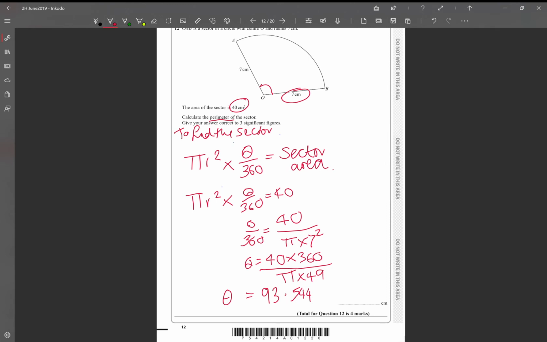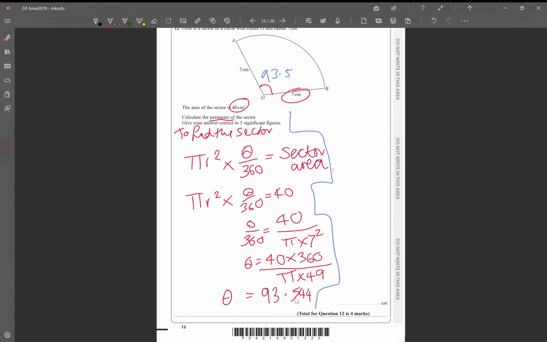Okay, so we've now got this as 93.5. I'm just going to section this off. My writing's a bit big on that actually.